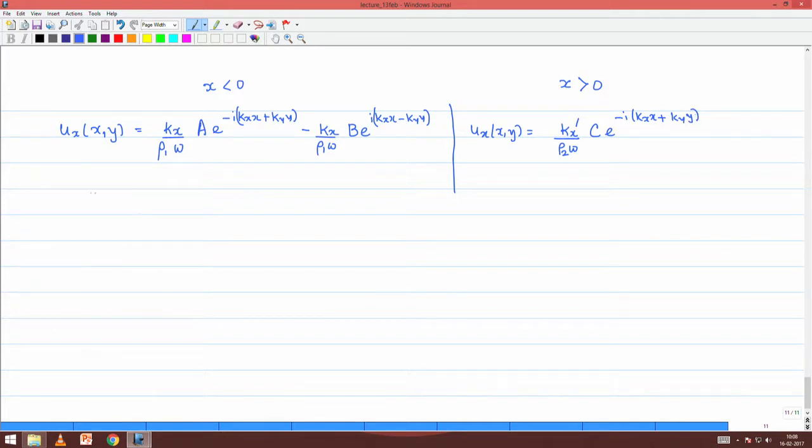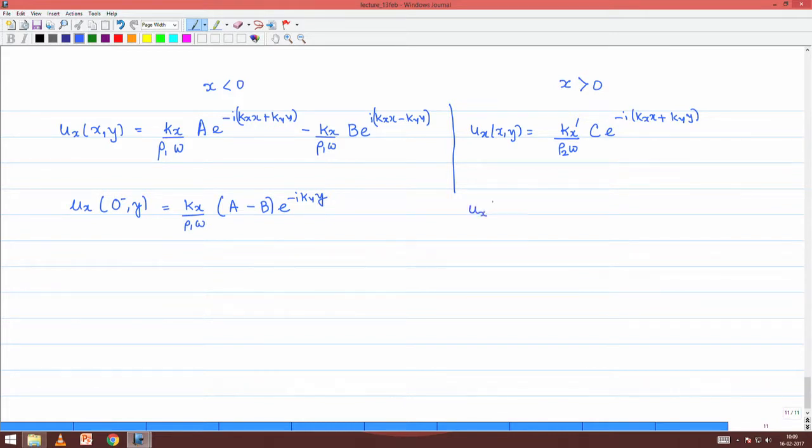So, again we will establish the continuity condition at x equals 0. So, at x equals 0 we could pull out k x by rho 1 omega, (A minus B) e to the power minus i k y y, where x equals 0 has been substituted.